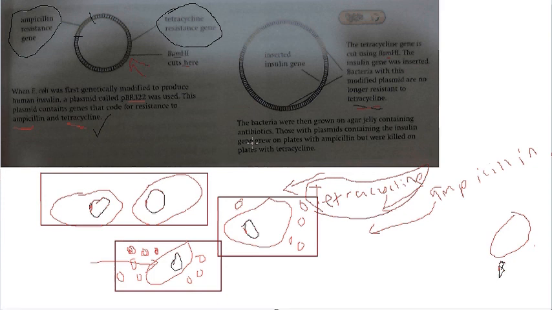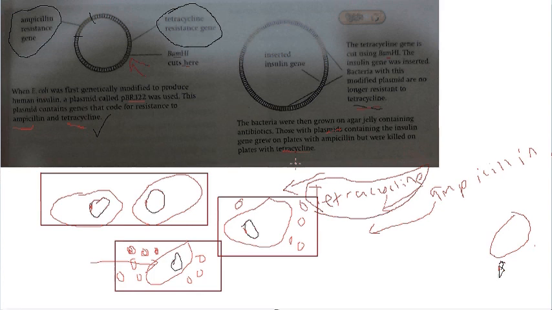Here it says the bacteria were then grown on agar jelly containing antibiotic. Those with plasmids containing the insulin gene grew on the plates with ampicillin but were killed on plates with tetracycline.